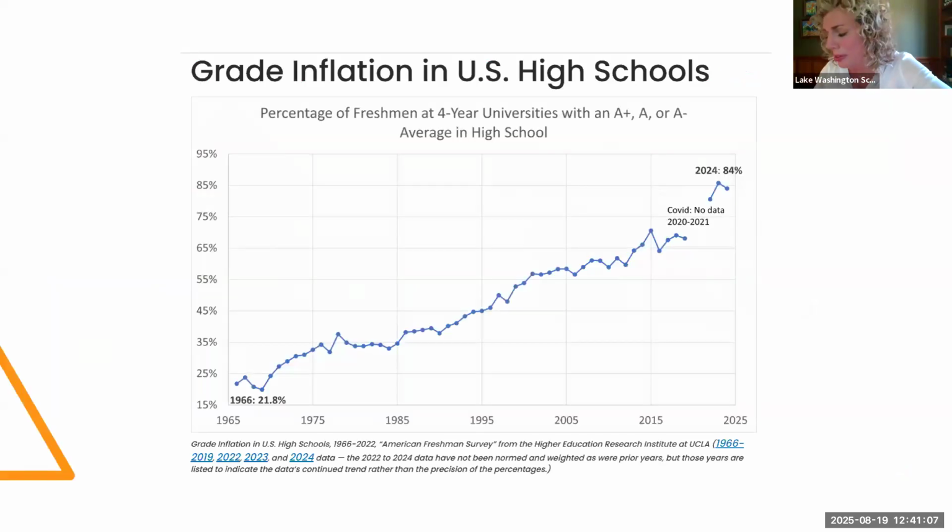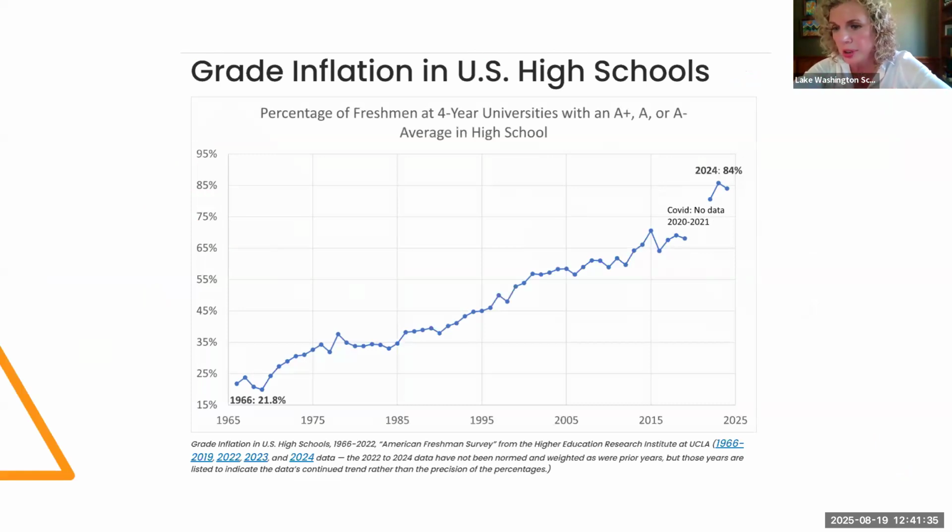And you might think, well, I've got a 4.0 or a 3.7, 3.8 GPA. I just want to bring up the impact of grade inflation in the United States. Back in the 60s, when I was a small child, the percentage of students applying to four-year colleges who had an A minus to A plus GPA was in the low 20%.